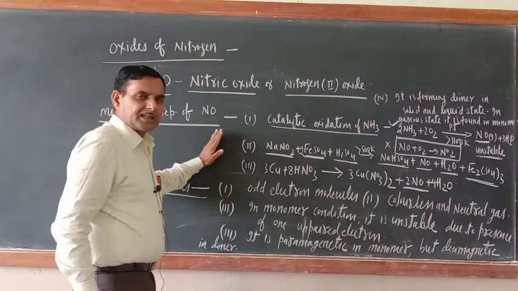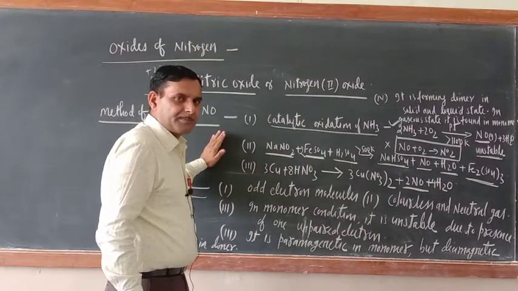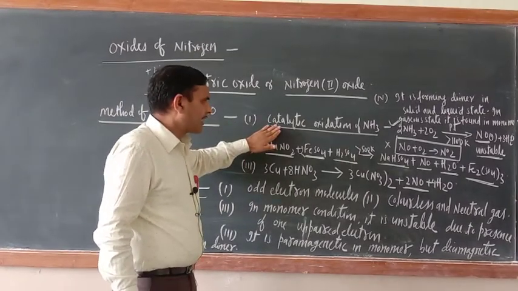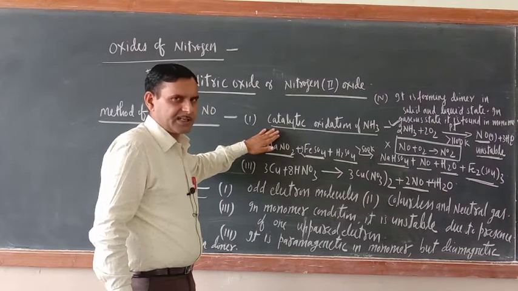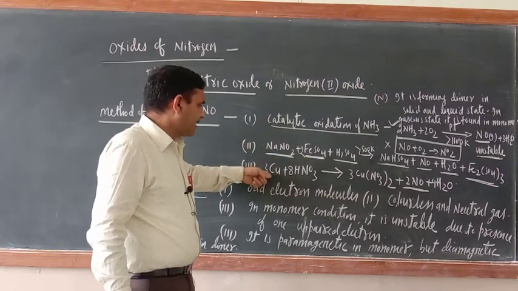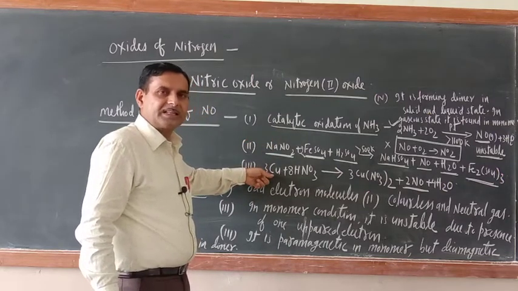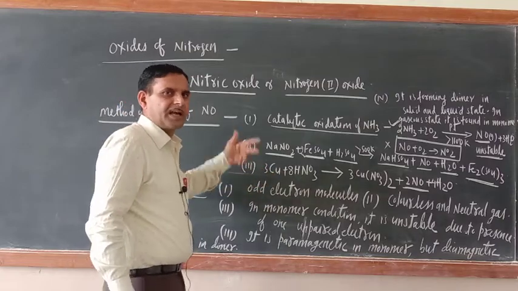So these are the points related to the method of preparation. Remember, catalytic oxidation of ammonia is the most important one, and the copper turnings reaction you have done in the laboratory many times.